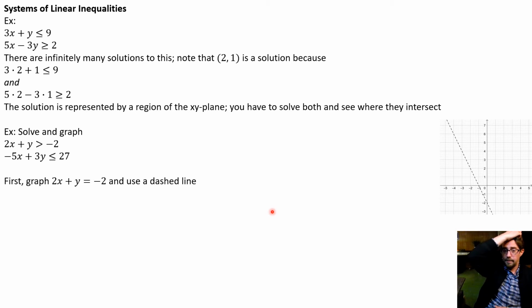Okay. Now we need a test point. So remember how we do that? The easiest way to do that is just to use the origin. So plug (0, 0) into this first inequality and just say, okay, is 0 plus 0 greater than -2? Actually, yes, it is. So everything that's on this side, the side that includes the origin of this dashed line, is a solution to the first one.